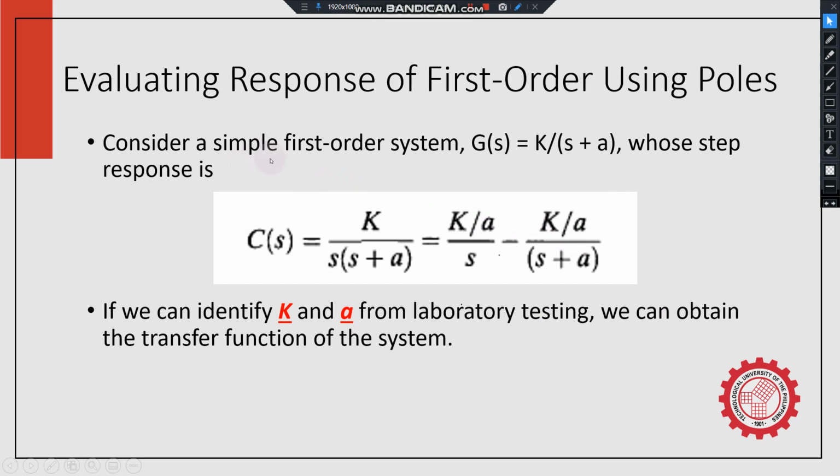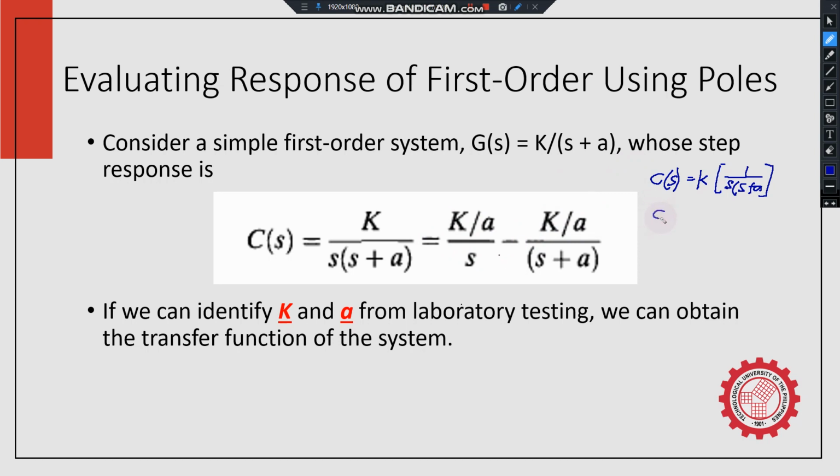Let us consider a simple first order system, G of S equal to K over S plus A, whose step response would be, so our output transform C of S would be equal to K over S quantity S plus A. We can actually write it as C of S equals K times 1 over S times S plus A. And by partial fraction, we could have it this way.